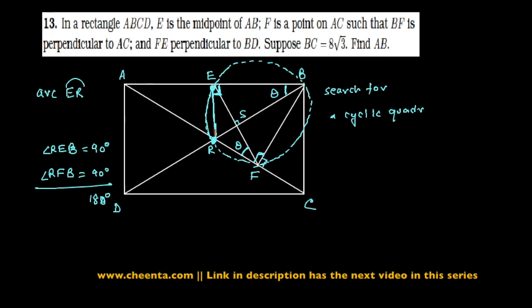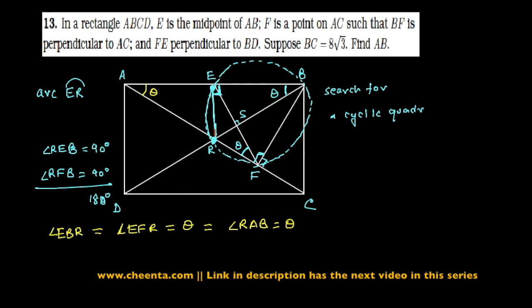So we have some additional information that angle EBR is equal to angle EFR, and we assume that both of them are theta. In fact, we can easily say that angle RAB is also theta, that is this angle.